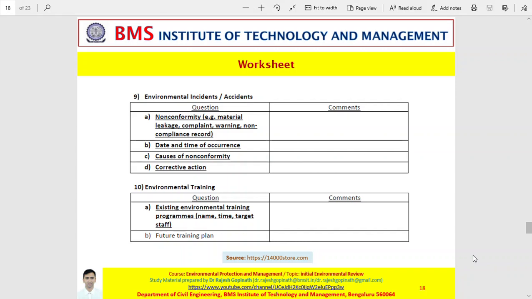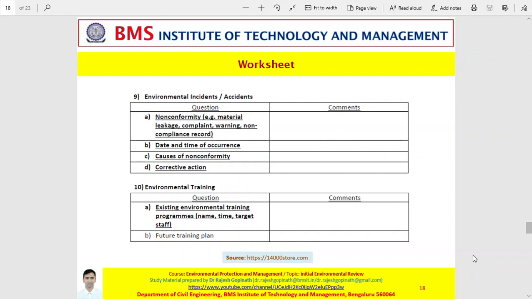If any non-conformity has taken place within the organization or due to the organization, it could be a major non-conformance or a minor non-conformance, then the data of these should be documented with respect to the dates, the time, the causes. Alongside, documentation must also be provided with respect to what preventive and corrective measures have been taken to address this.